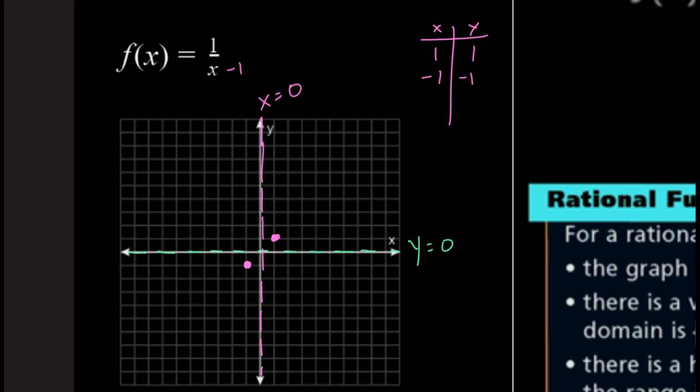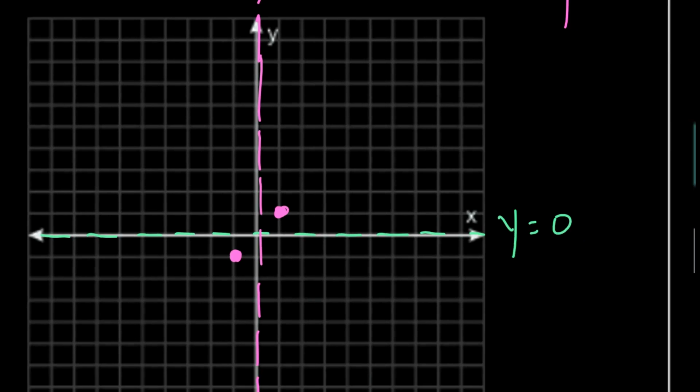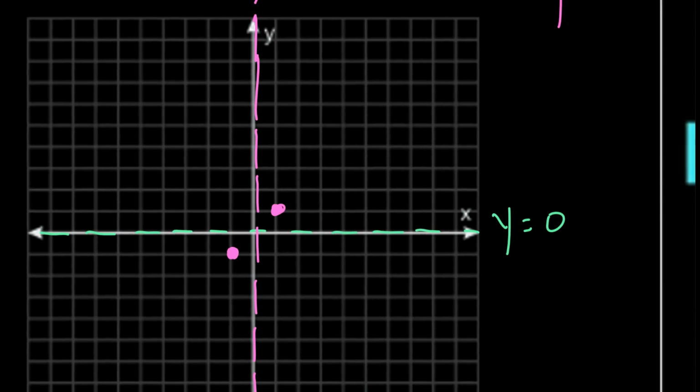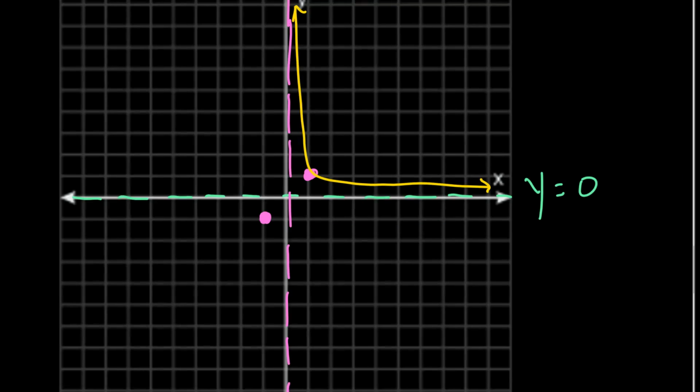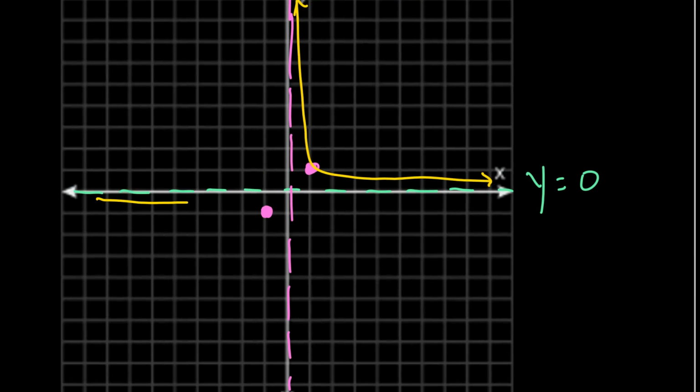You have to be careful not to do that. So I'm going to be careful here. I just changed colors. So there's one of my curves. And there's my other curve.